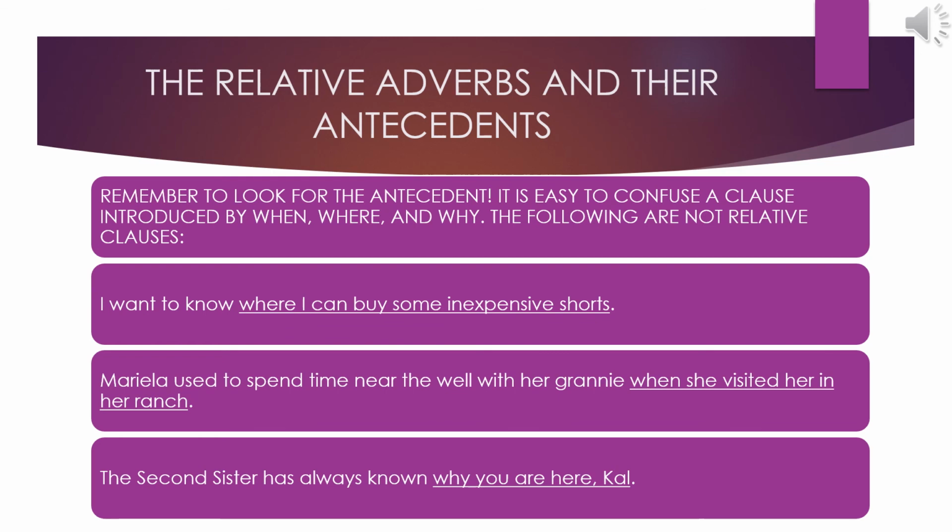Remember that the relative clause needs to be introduced by an antecedent, and in this case we are using where. So the antecedent of the relative clause has to be a word that shows location, right? What place are we talking about in the sentence? No place, right? That is actually not a relative clause, that is a noun clause to be precise.